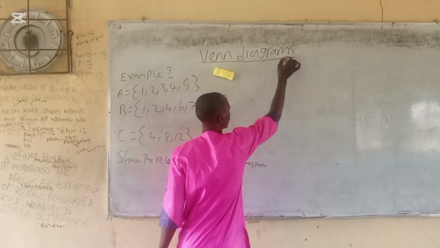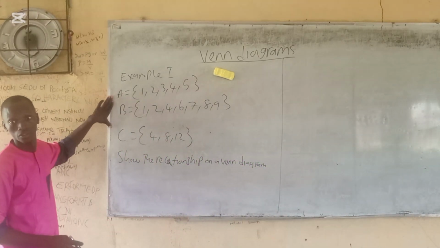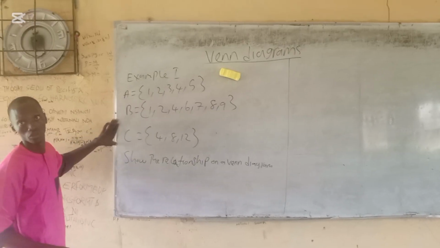Let's draw on the board. Show on a Venn diagram the relationship between those sets.